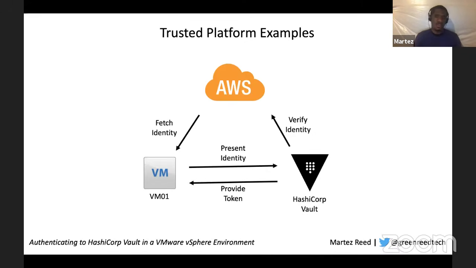This is a very high level walkthrough of what the process is. There's a lot more nuance and a lot more complexity, but at a high level, this is the intent of trusted platforms. And in this case, it may be Azure or GCP or Kubernetes that replaces the AWS in this particular example, but this is how the process works.